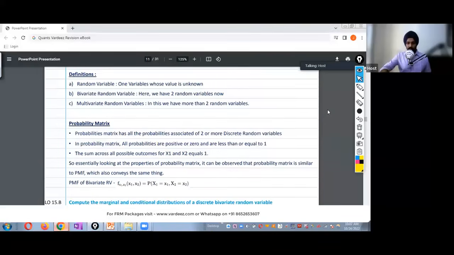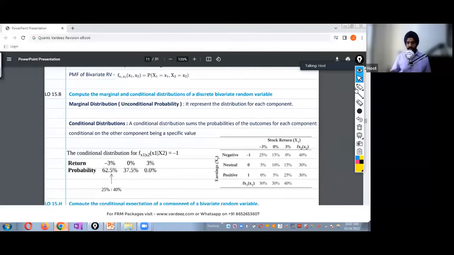Have a look at this particular probability matrix. Let's say I have one random variable, which is the return on any particular company's stock, ABC company, TCS, IBM, whatever. And I have the earnings of that particular company, like how much they've earned. Or ratings, anything can be a second random variable. Now, a probability matrix is like a table wherein you have the stock return.